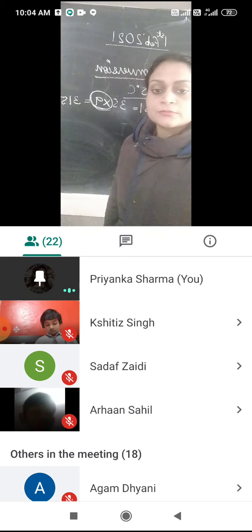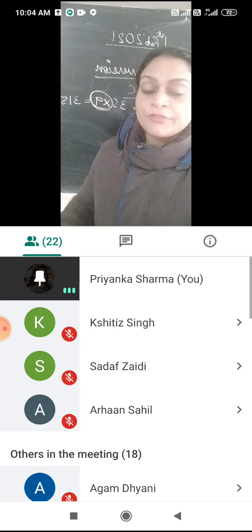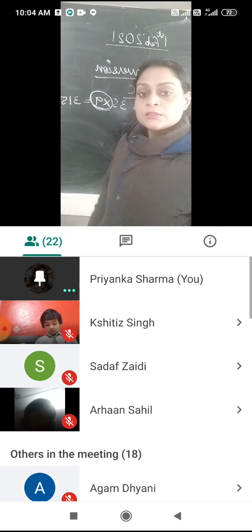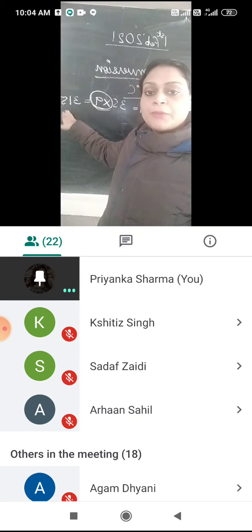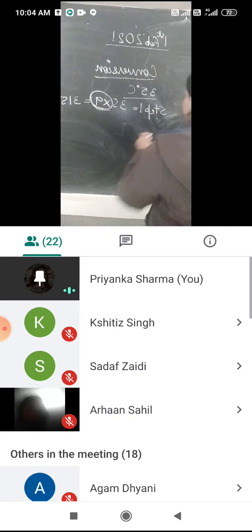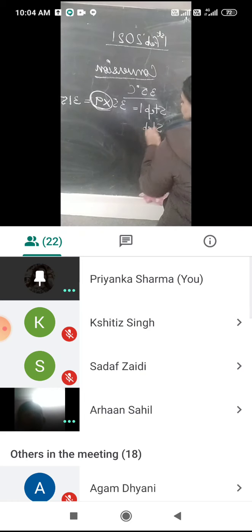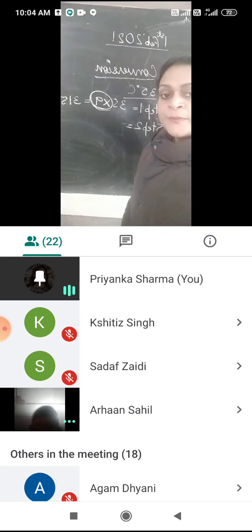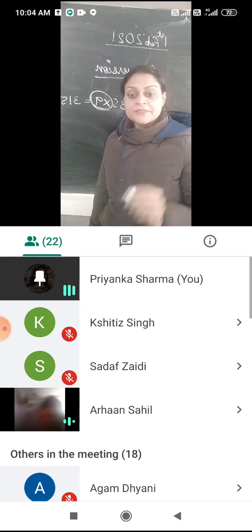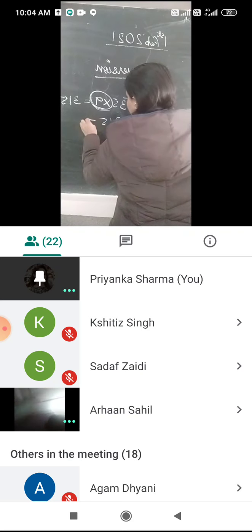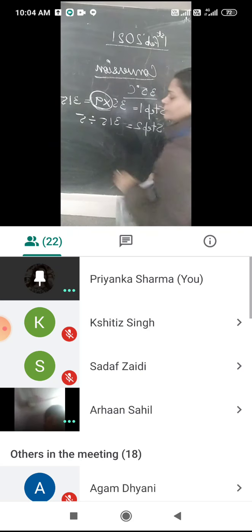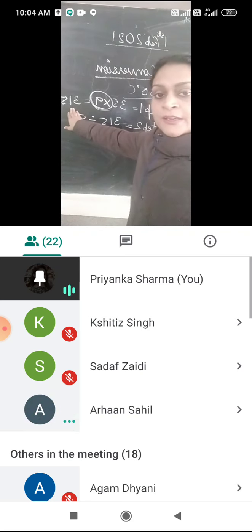Remember this. Second step. We have to divide the answer which has come after multiplication by 5. What will be our step 2? Step 2 will be division. 315 here we have got.